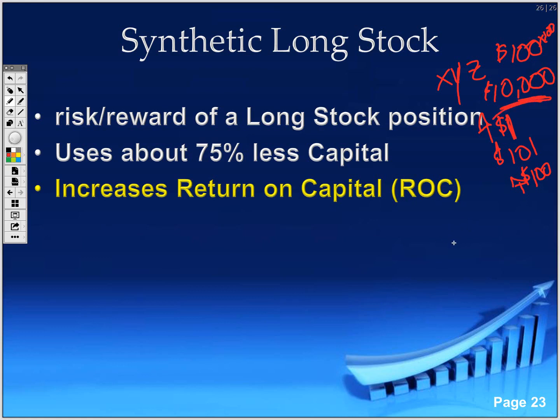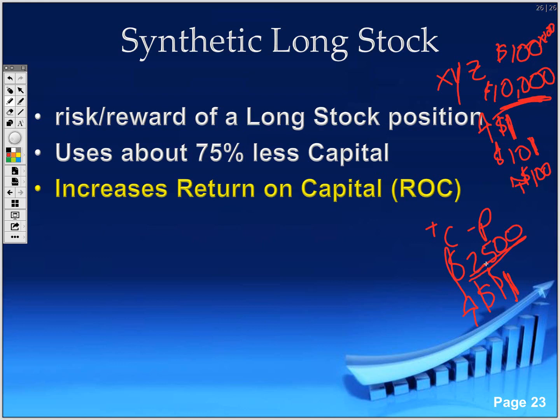I told you with the options, we buy a call, we sell a put, all right? It's only $2,500 in margin. And I still get that dollar increase when it goes up, right? My position still increases by that dollar, just like it increased by $1 here. Only $2,500.